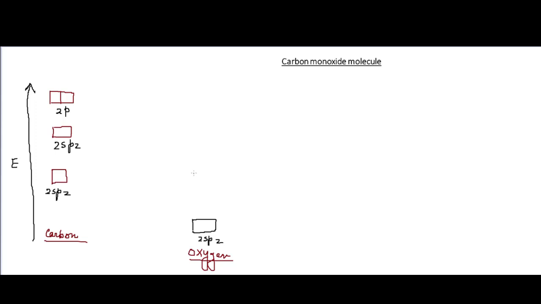This high energy 2sp is near to the low energy 2sp of carbon. As you can see, this low energy 2sp of carbon is near to the high energy 2sp of oxygen. So please keep this in mind while drawing the diagram, that energy difference, where to place the atomic orbitals, is very, very important.